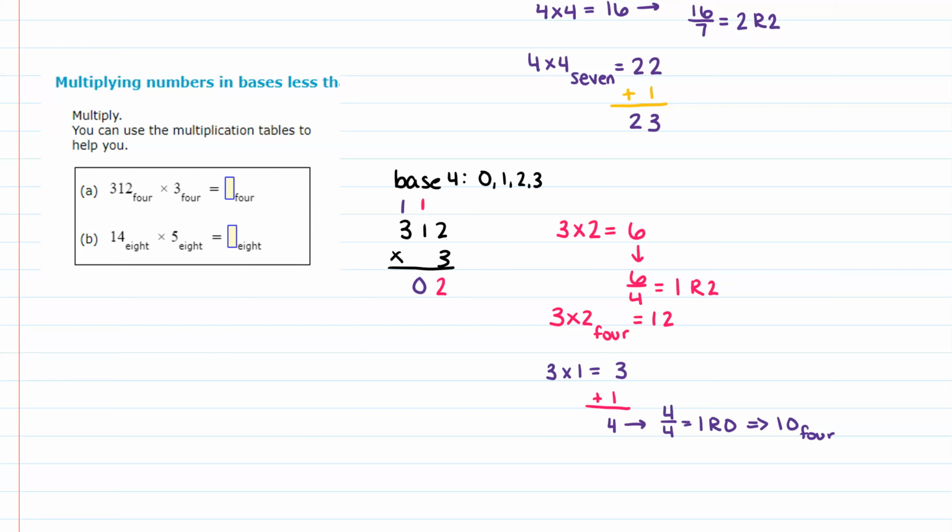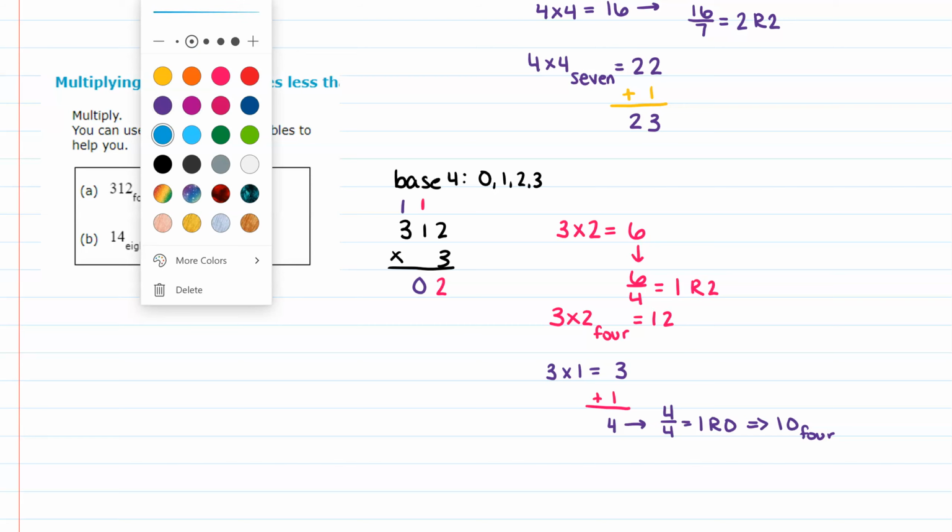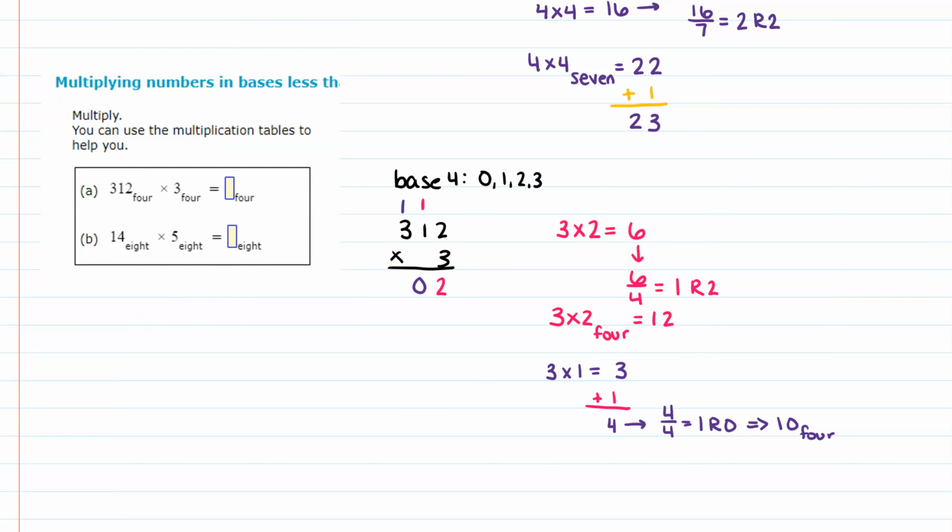Let's try again. So I need to do 3 times 3 and then plus 1. So 3 times 3 is 9. 9's not allowed, so I'll convert it. 9 over 4 is 2, remainder 1. So 3 times 3 in base 4 is 2, 1, base 4.